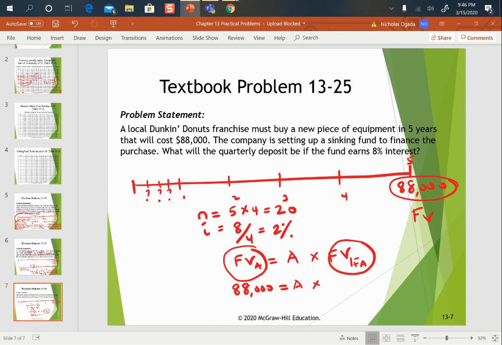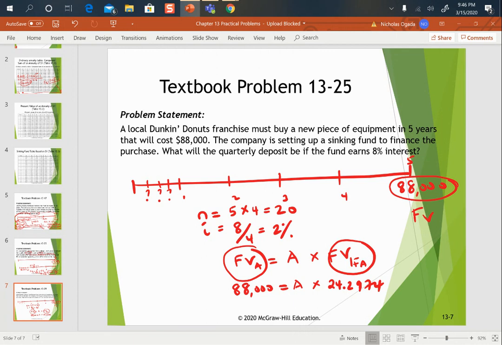And the future value interest factor of an ordinary annuity, where N is 20 and the rate is 2%, is 24.2974. So this is the future value interest factor.